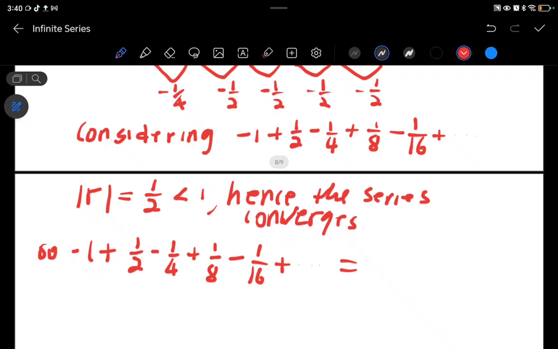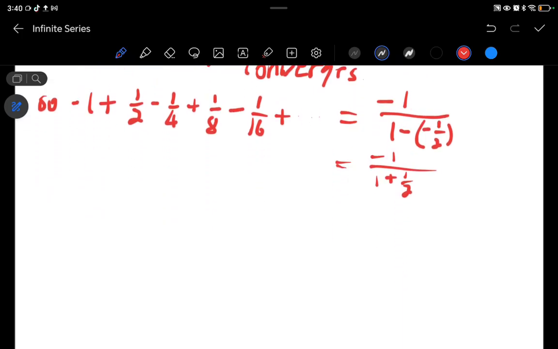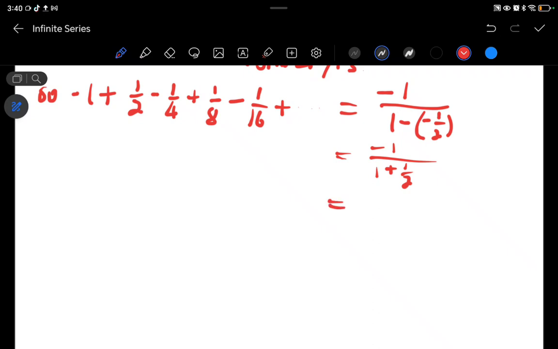This will be equal to, we can use the formula, minus 1 over 1 minus our R, which is what? Minus 1 over 2. And this will be minus 1 over 1 plus 1 over 2. That will be 3 over 2. And then this will be minus 2 over 3. You can try to simplify that with a calculator.